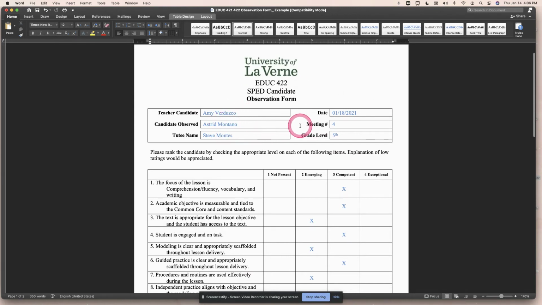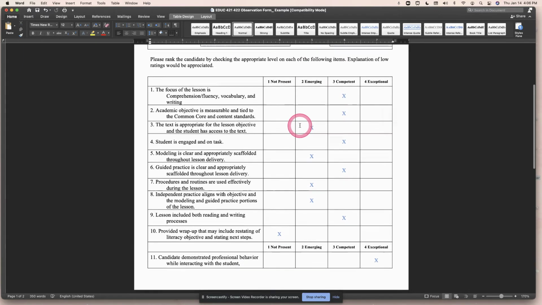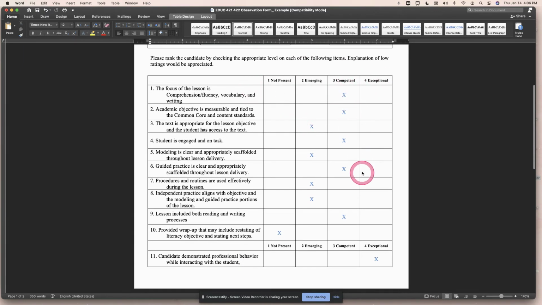I wrote down all the important information, and I'm going to give a very honest response to what I think happened. So you'll notice I marked X to the places where I felt my partner was at. If you notice here in the emerging, and mind you, emerging isn't bad. Emerging just means that we're learning new ideas. So don't feel bad in writing those emerging portions.